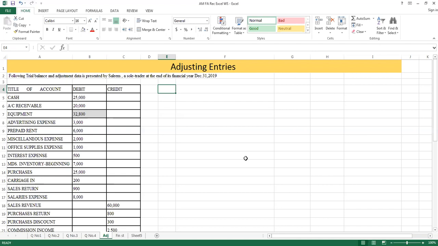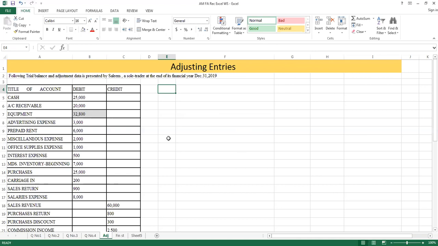The one is related to accrual expenses, and the second topic was depreciation, how we pass the adjusting entry to take in the depreciation amount. Today the focus will be on new adjusting entries that will be a continuation of the previous lecture.